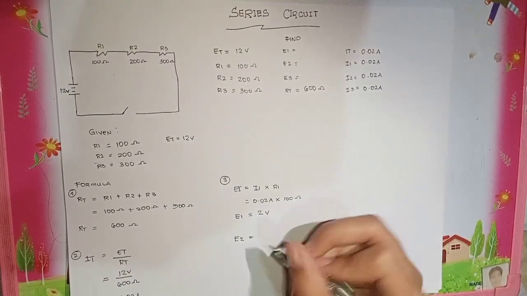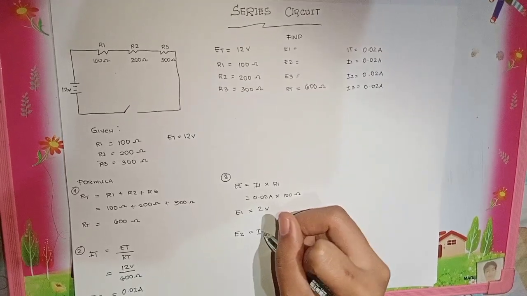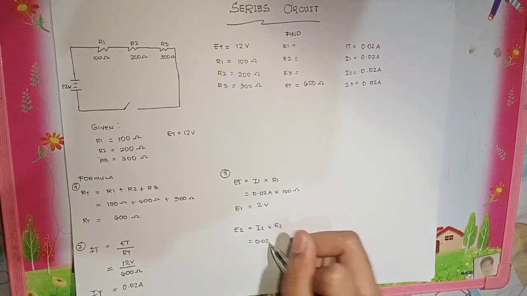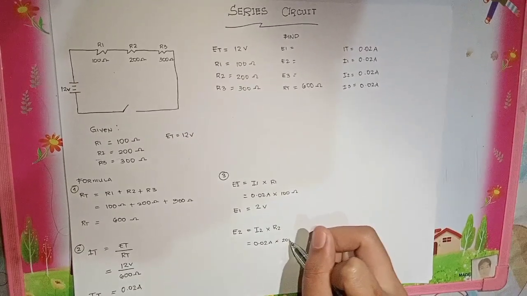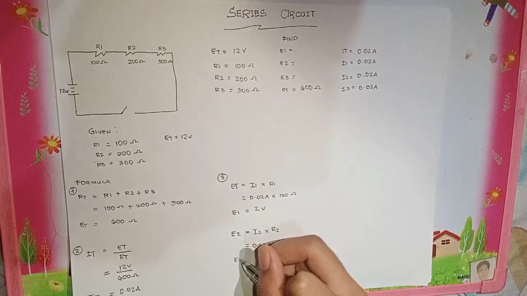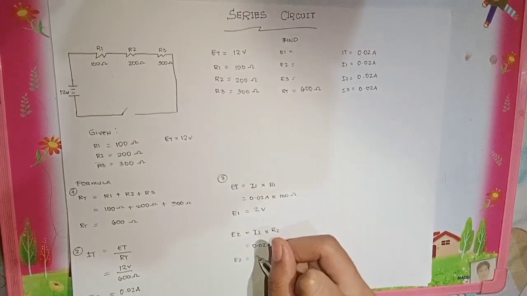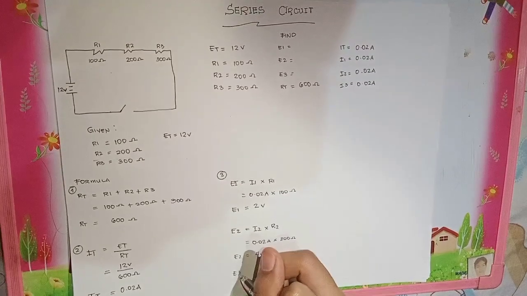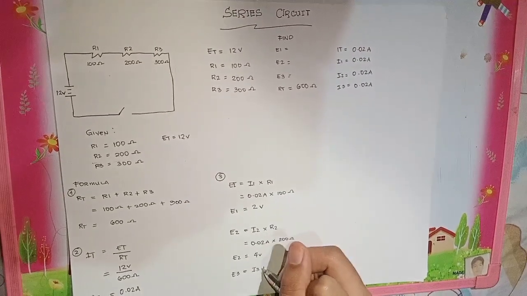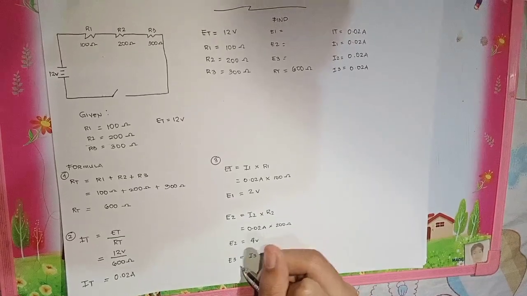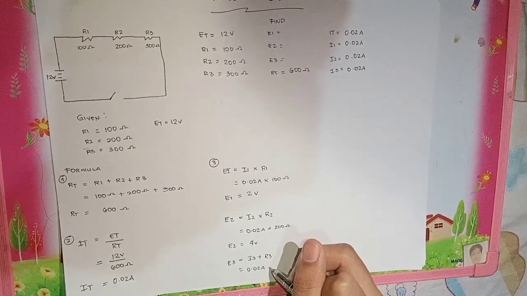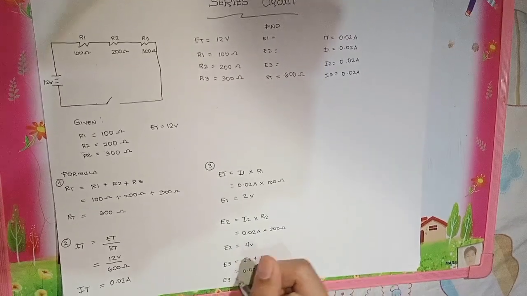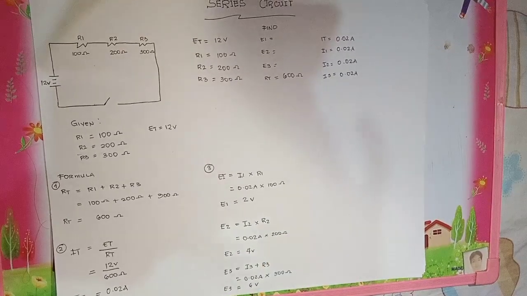E2 equals I2 times resistance 2: 0.02 amperes times 200 ohms. E2 is equal to 4 volts. E3 equals I3 times resistance 3: 0.02 amperes times 300 ohms equals 6 volts.